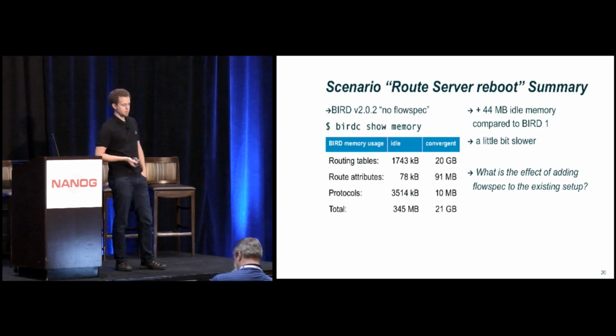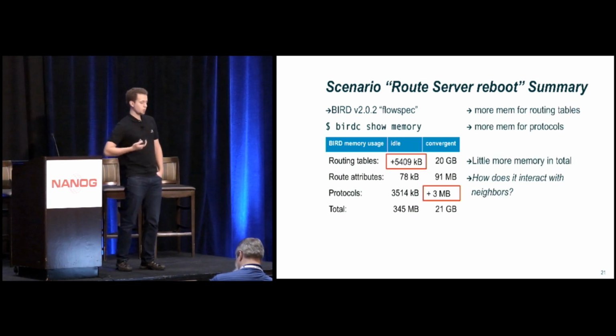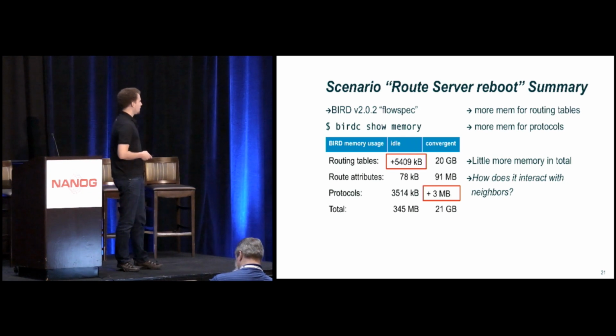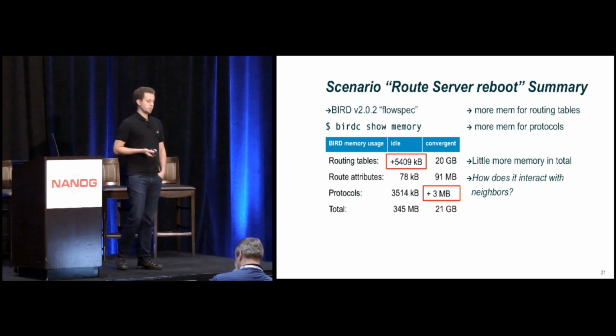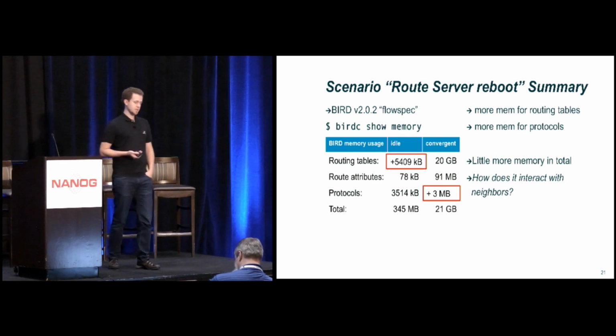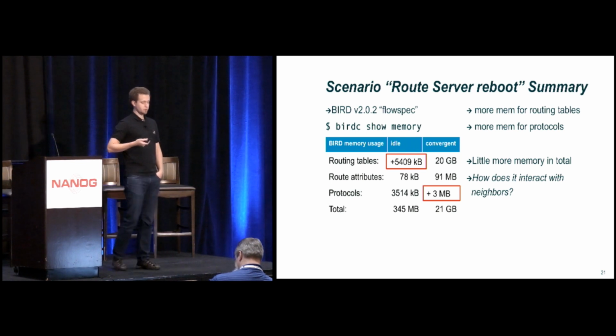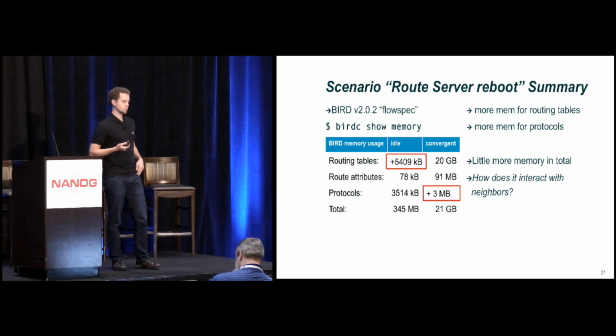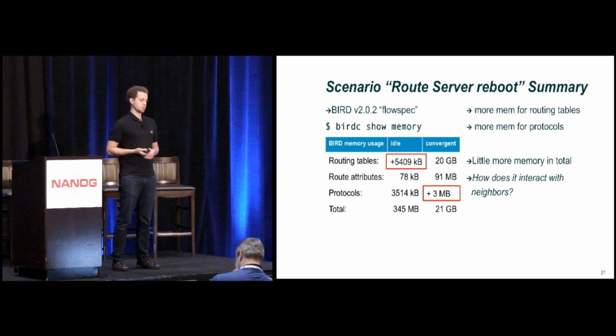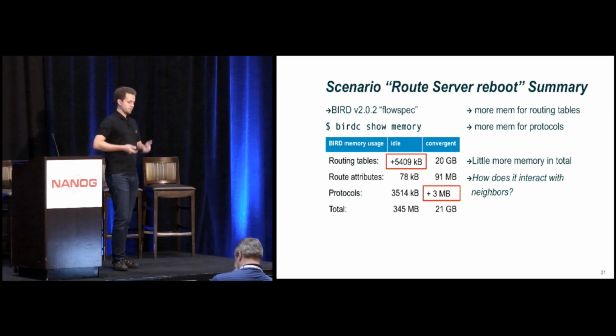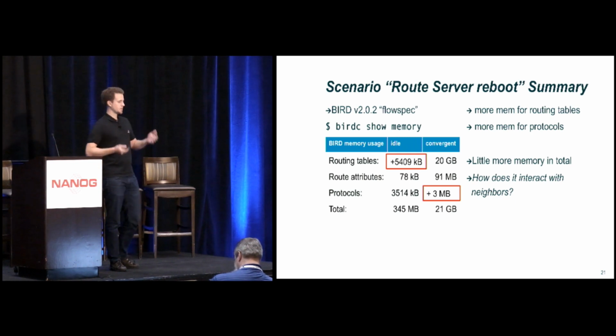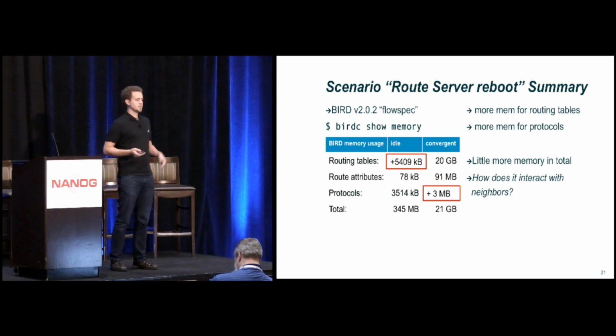And what is the effect of adding Flowspec to the setup? When we're using BERT 2 with Flowspec, we're seeing some more memory used for routing tables and more memory used for the routing protocols when in convergent state. But all in all, that's the kind of result that we expected.